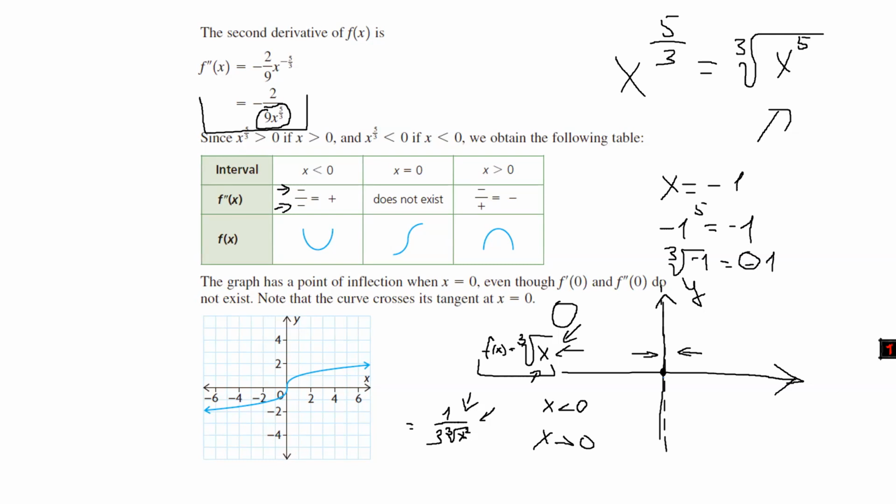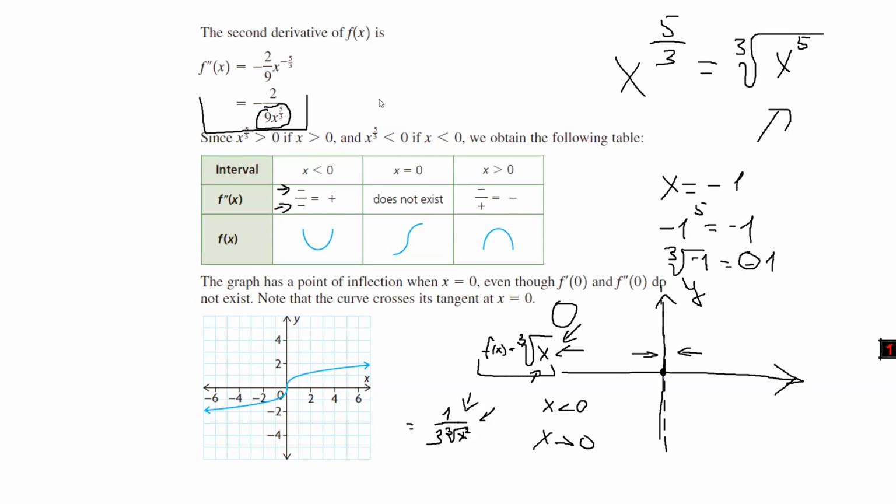Whether the curve is looking upward or downwards. Make sense? So here it's clear that we have plus, then a special point, which is the point of inflection, and minus.